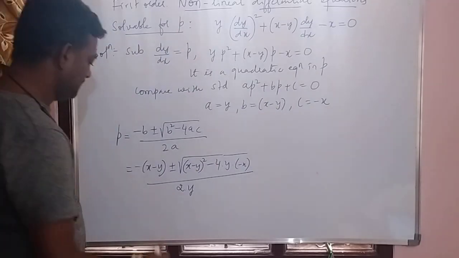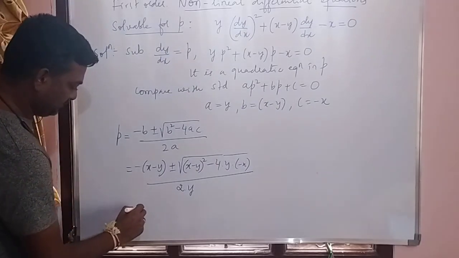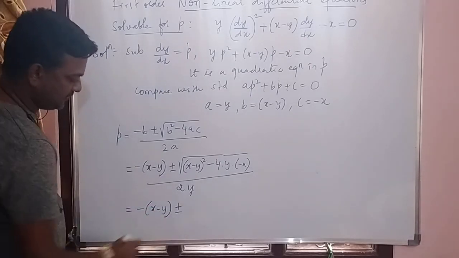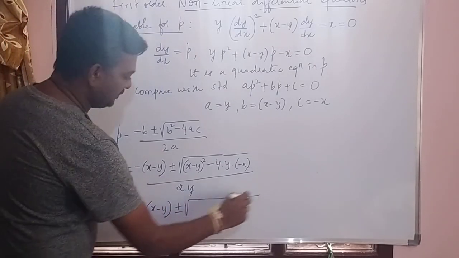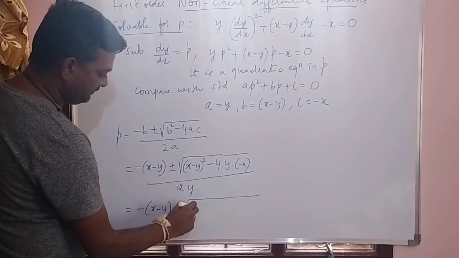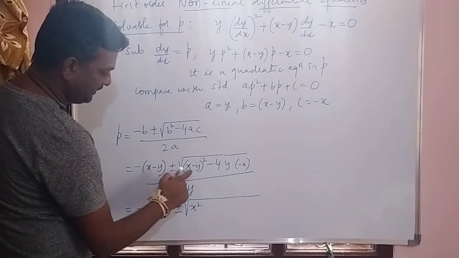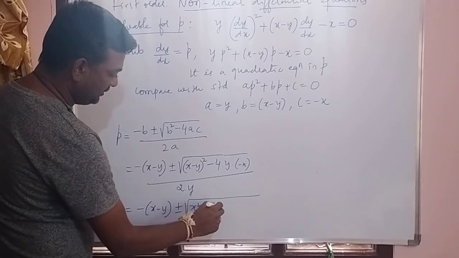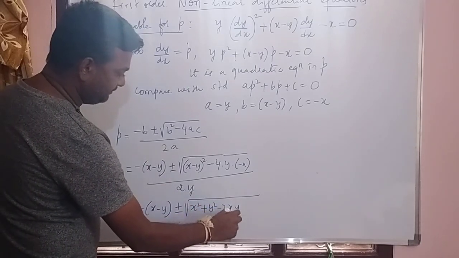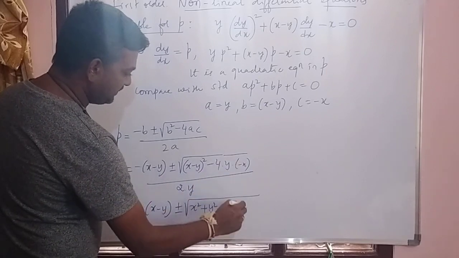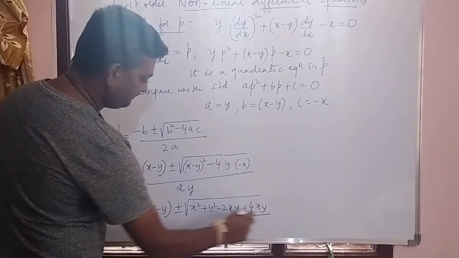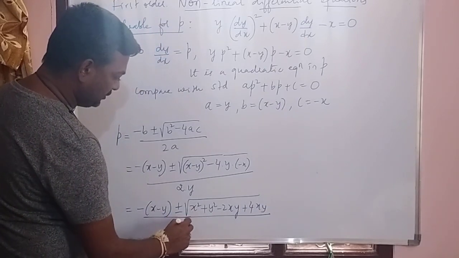Okay. Now further, which is equal to minus of (x minus y) plus or minus square root of, you can expand this by using (a minus b) whole square formula, x square plus y square minus 2xy plus 4 into y into x is 4xy, divided by 2y.